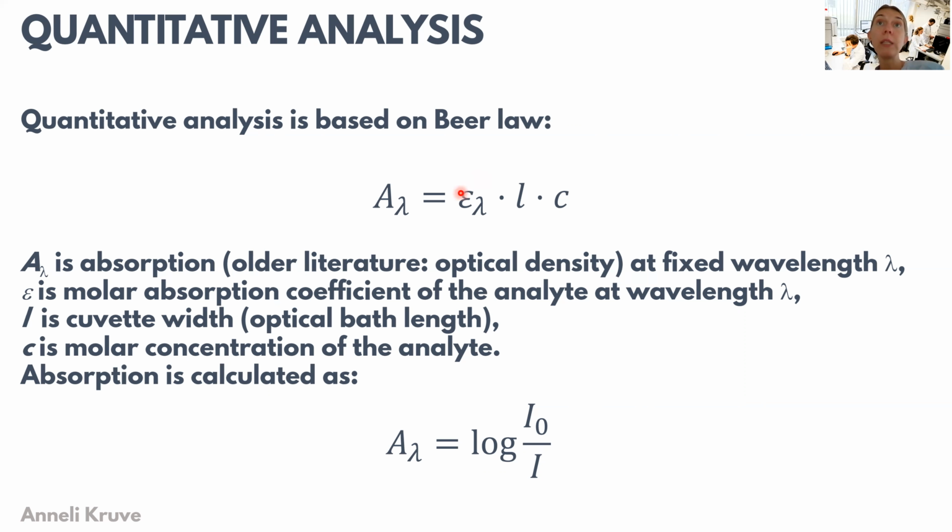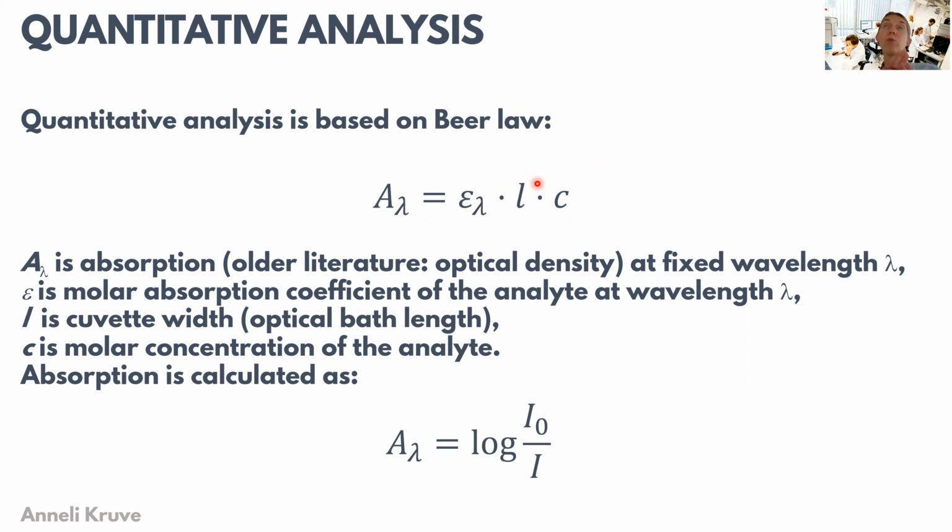So this means that when we double the concentration, the absorption of the compound is increasing 2 times. When we make the path length longer, then also more is absorbed.